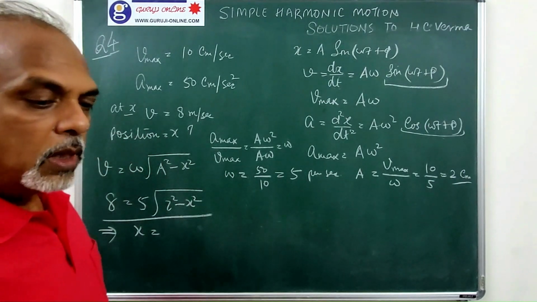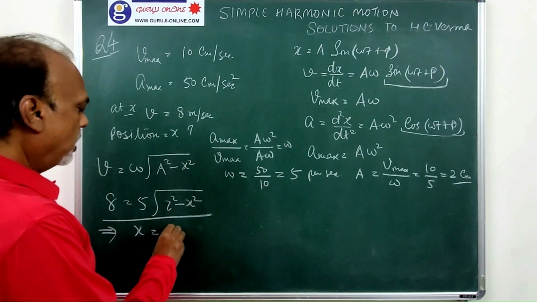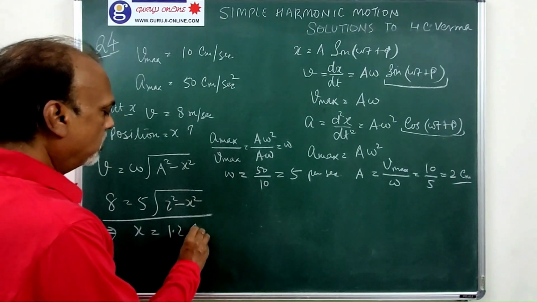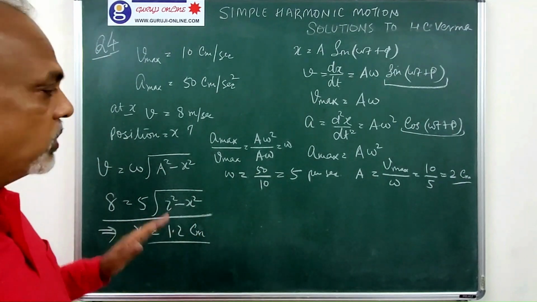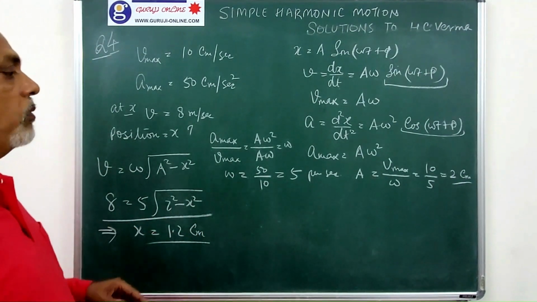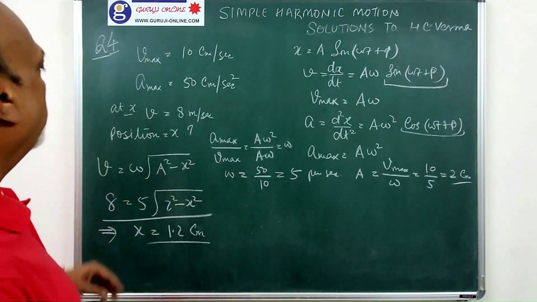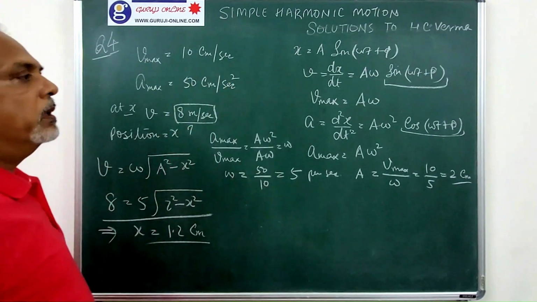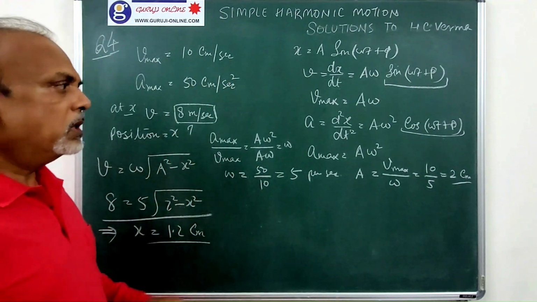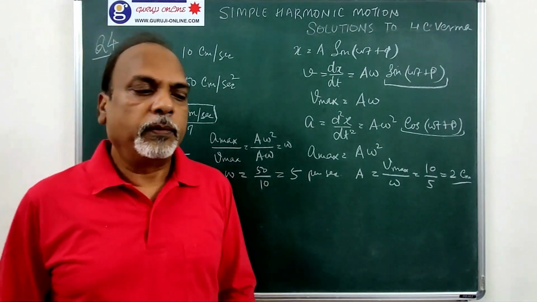Correct? And this x will be basically 1.2 centimeter. What is this x? This x is the position of the particle from the mean position where the particle will have velocity as 8 meter per second. So this is the solution of the question number 4.